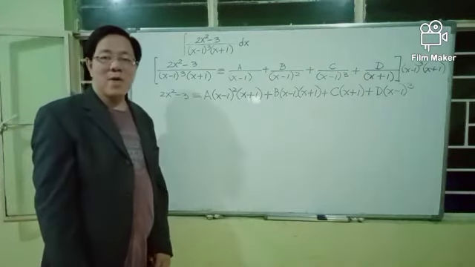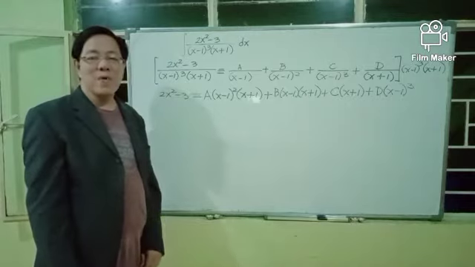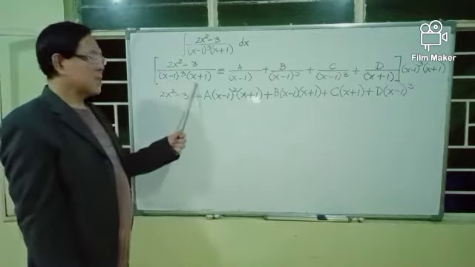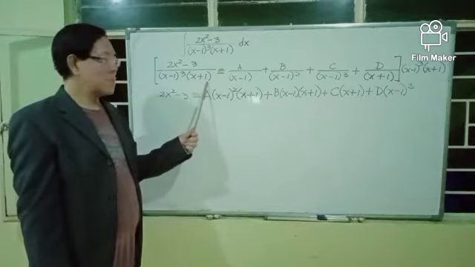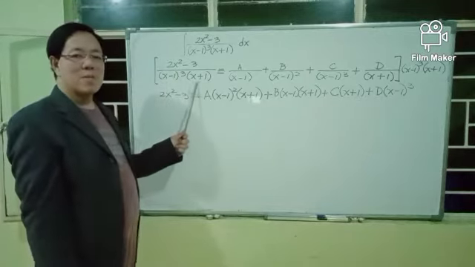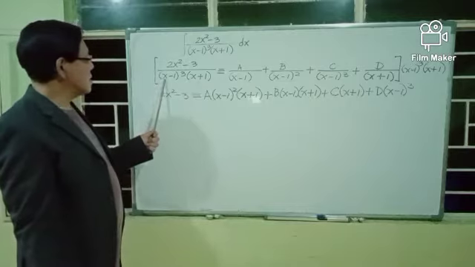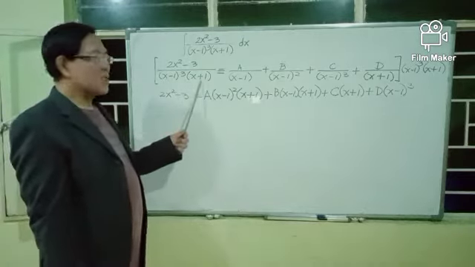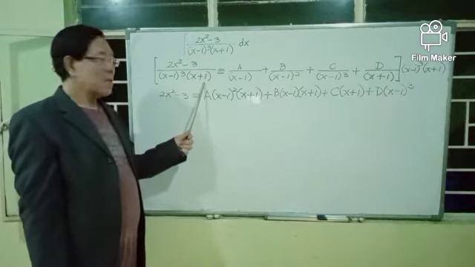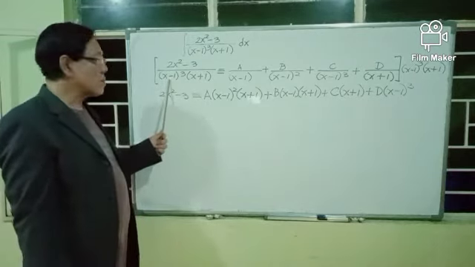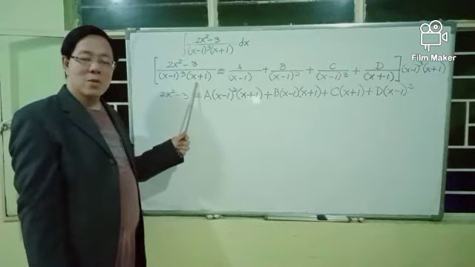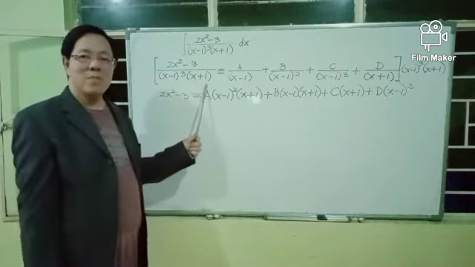To find out the values of the constants, you find the values of x that will make the denominator 0. And this denominator will be 0 if x minus 1 is equal to 0 and x plus 1 is equal to 0. If x minus 1 is 0, then this denominator will be 0. If x plus 1 is equal to 0, then the denominator will be 0.